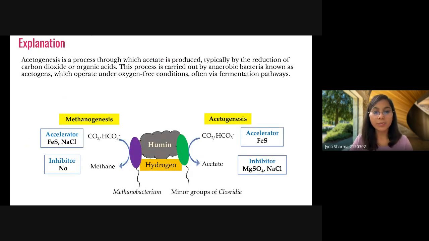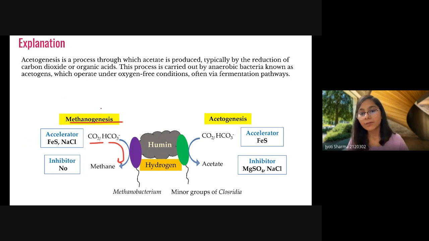Yes, so just see here, if we have CO2 and this CO2 is changed into methane, this is methanogenesis. But if we do have CO2 and this CO2 is generating acetate, then this is acetogenesis.